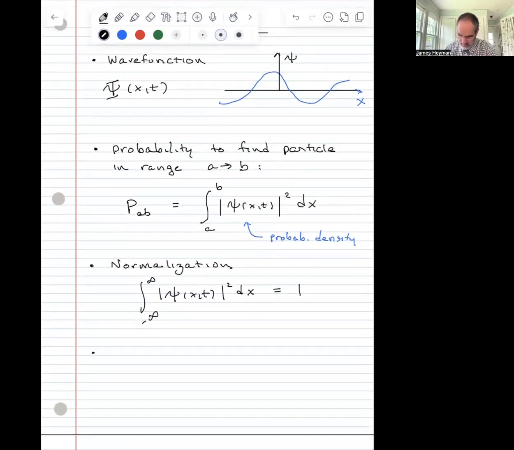And then last time, we introduced the Schrodinger equation. Proper wave functions in quantum mechanics must solve the Schrodinger equation.